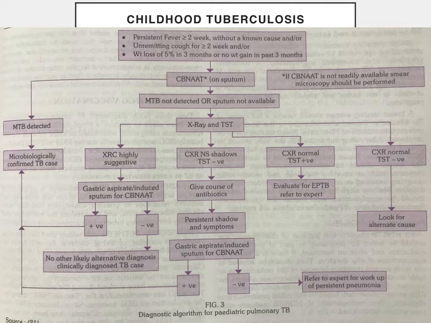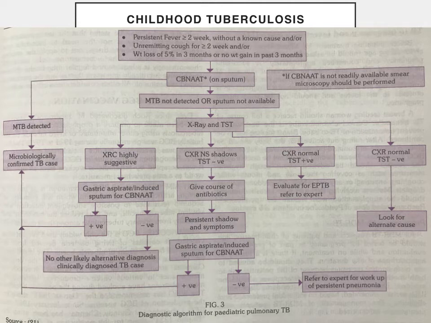Here it is again a diagnostic algorithm for pediatric pulmonary tuberculosis. Cases of tuberculosis in children usually represent between 6 to 8% of all tuberculosis in the age group of under 15 years. And the source of infection to a child is usually an adult, often a family member with sputum smear positive tuberculosis.